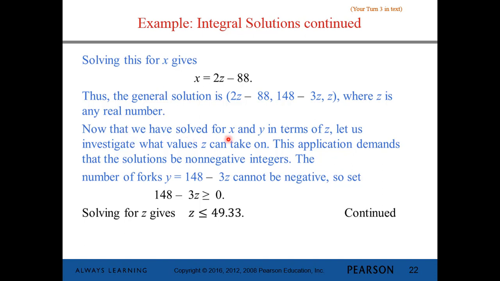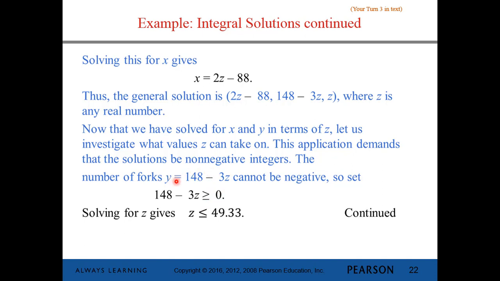Now let us investigate what values z could take on. This implication demands that the solution be non-negative integers. So the number of forks y cannot be negative, which means it has to be bigger than or equal to 0.